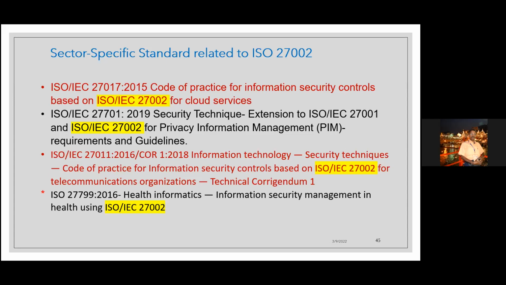Then the other standard is 27799, which pertains to health informatics, information security management in health using ISO 27002. So as per my current knowledge, these are 4 standards which have a direct connection with the new version of ISO 27002, which are going to have some impact in implementing these controls in the respective sector-specific areas.